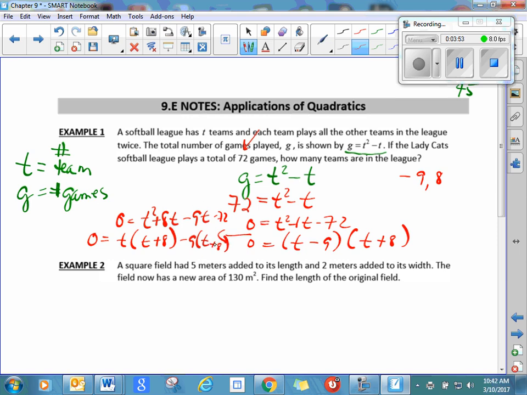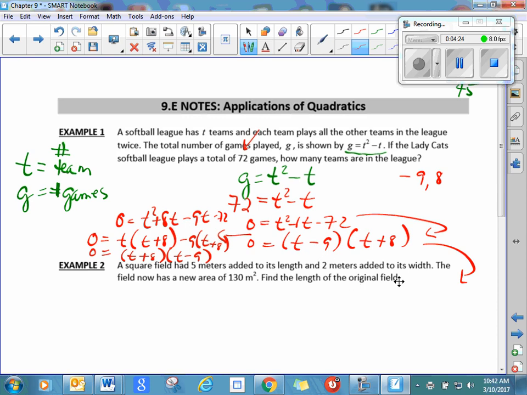So the T plus 8 is your common factor, and what's left is the T minus 9. If you can go directly, like I did, from here to here, you don't have to do this middle step. Really, the middle step is more beneficial in my mind when you have a coefficient in front of the squared that's something other than 1, because then sometimes it's a little bit harder to see what your factors are. So I'm going to use some of this space down here.